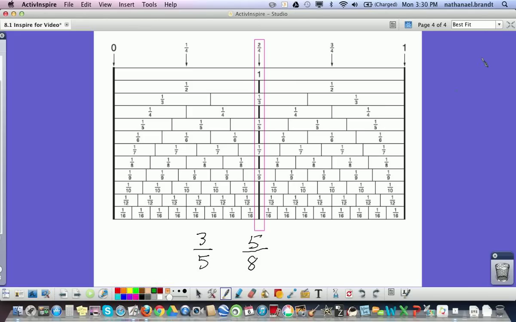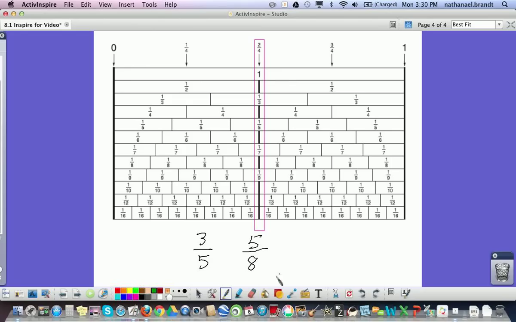Okay, for this next one, we're going to talk about how you determine if 3/5 or 5/8 is bigger. Of the four strategies that we've talked about so far, none of them really worked the greatest to show how 3/5 compares to 5/8.